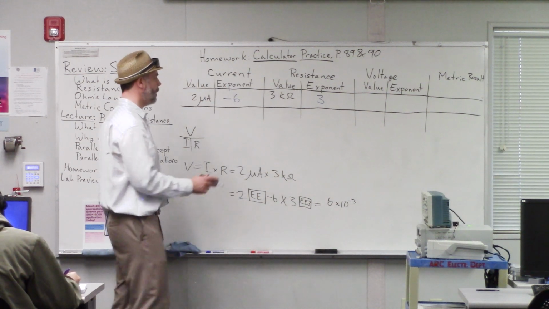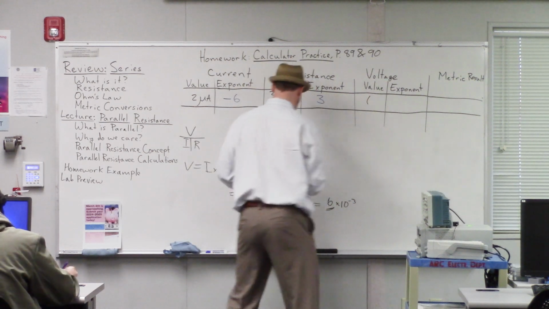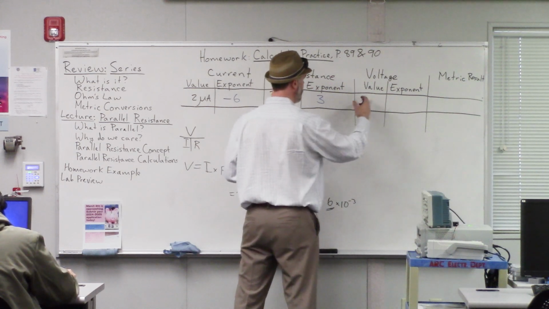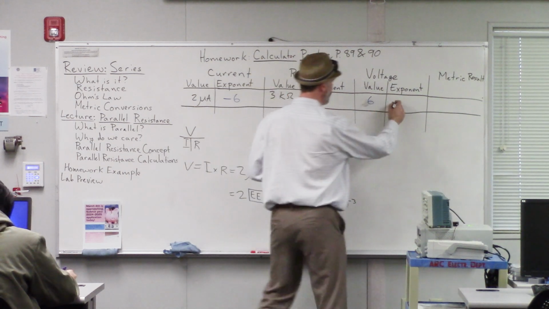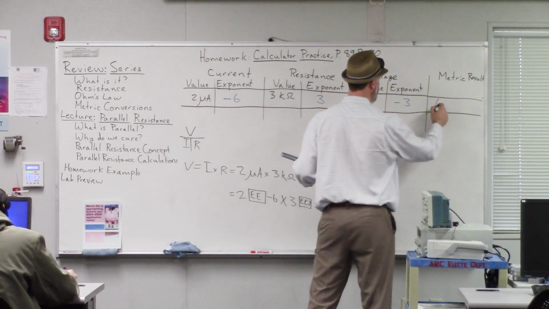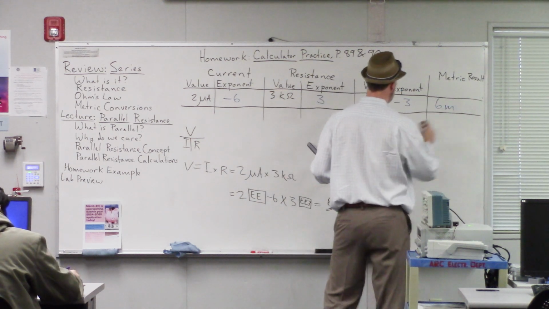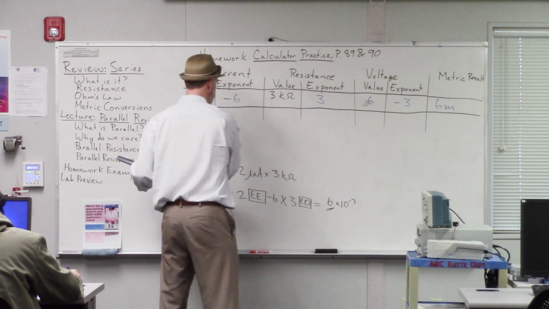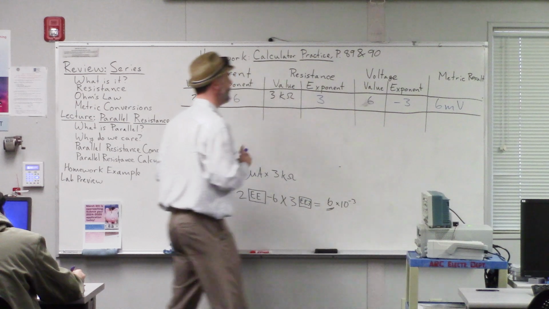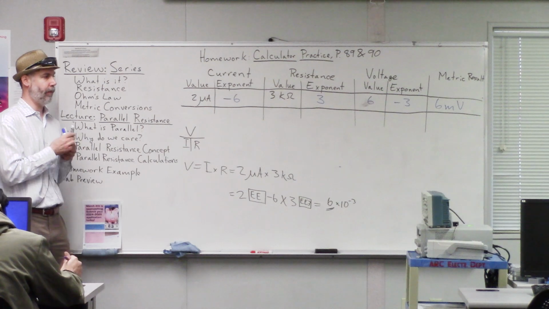Our value here would be 6, so we would write 6 up there, and our exponent is -3. The metric result would be 6, and -3 is milli. We get that from the table. So 6 milli, and since we're calculating voltage, that would be 6 millivolts. Okay? So that's how we do that one.